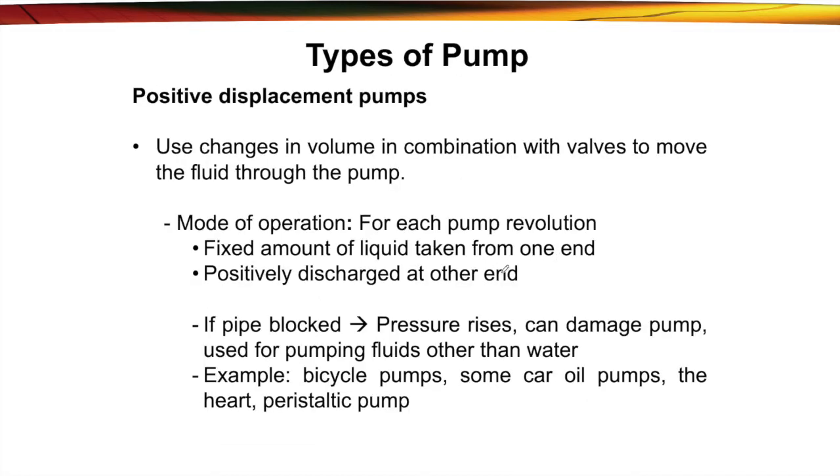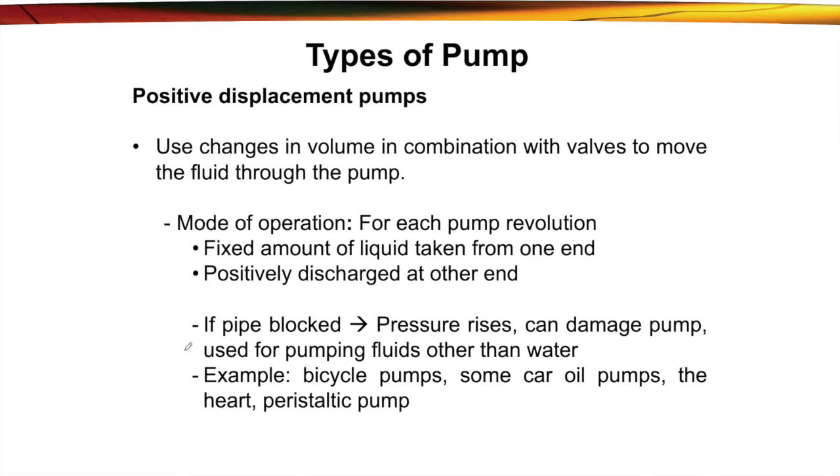Okay, we have types of pump. So first is positive displacement pump. It uses changes in volume in combination with valve to move the fluid through the pump. So mode of operation, the pump has a revolution, so each pump revolution will transfer a fixed amount of liquid, and then positively discharge at the end.